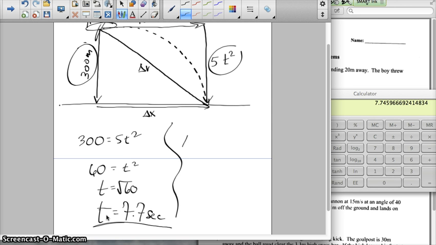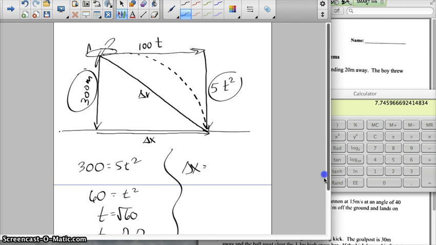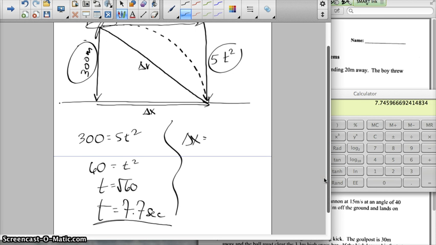That makes it easy to find displacement in the x direction. It's going to be 100 t. So 100 t is 100 times 7.7, which is 770 meters. So that's the horizontal displacement. There's a lot of ways I could do the last part. I guess I'll just use the Pythagorean theorem.